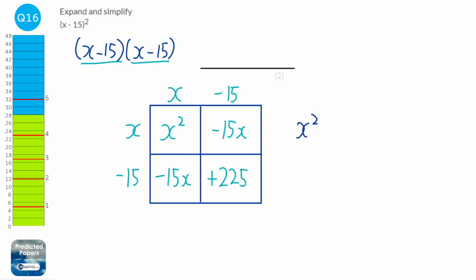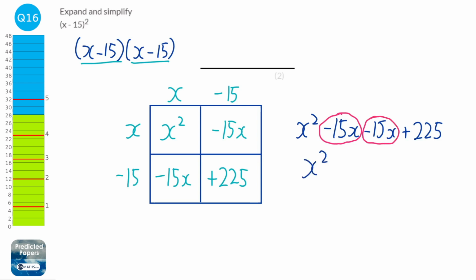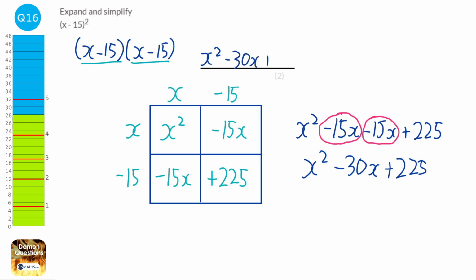Put all the terms together, now you can see here that we've got the x terms here that will add together. So that would become minus 30x plus 225, and that's actually our answer. So it's x squared minus 30x plus 225.